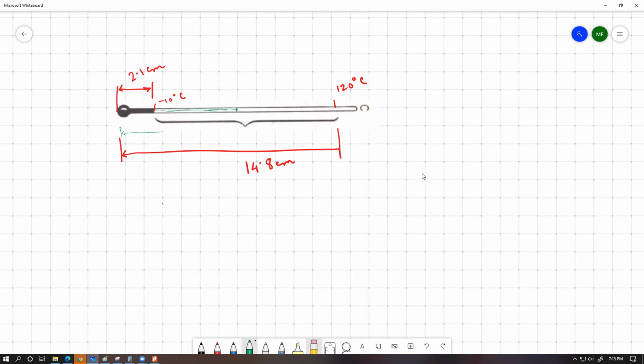This is that unknown length is given as the question হচ্ছে এই টেম্পারেচারটা কত। এখন আমরা কোন ইকুয়েশন ইউজ করব?